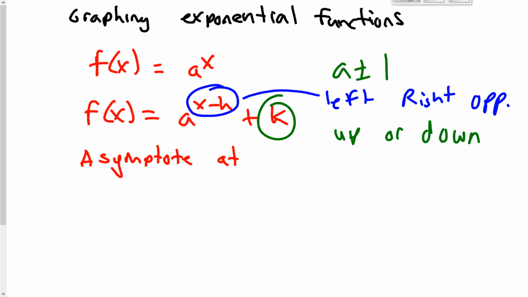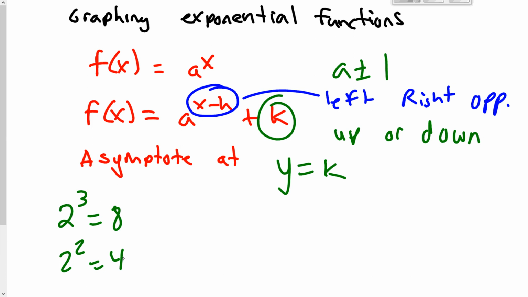And the asymptote that we're talking about here is y equals 0, it should be, but it's always y equals k. Right, because we can never have, so like 2 cubed is 8, 2 squared is 4, 2 to the first is 2.